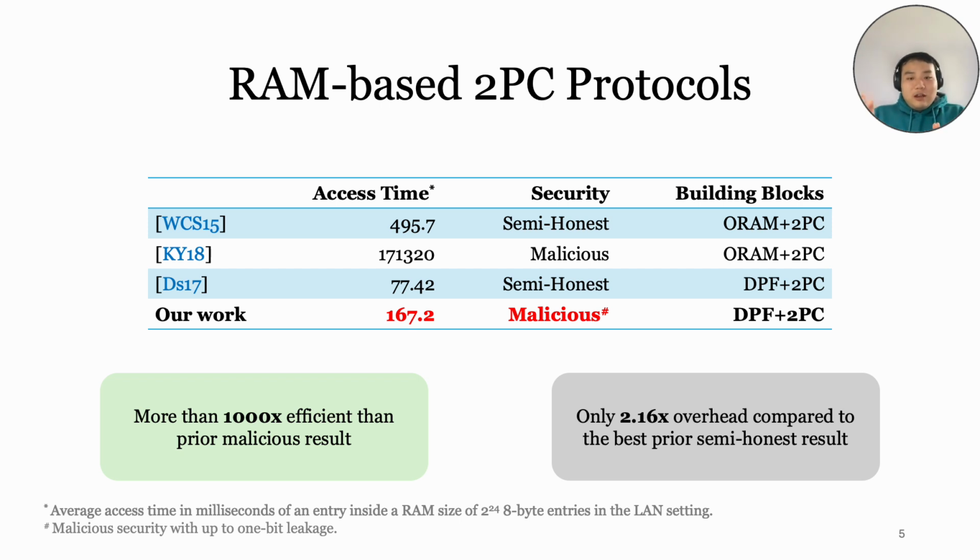In the given experiment setting of 2 to the power 24 entries in the LAN setting, our work is more than 1,000 times better than KY18 and only needs about twice the cost of the state-of-the-art semi-honest result like DS17. So we show great efficiency in our work, and in the following slides, I will quickly show you our ideas and contributions, as well as the benchmark results.